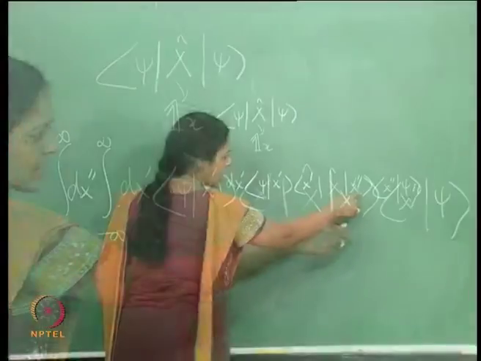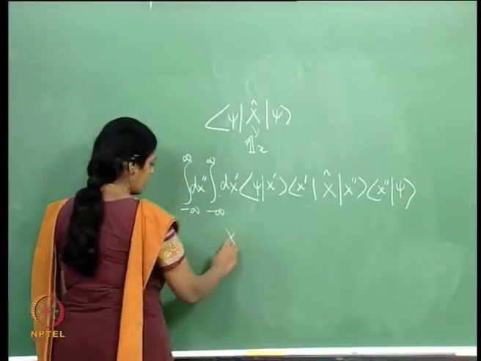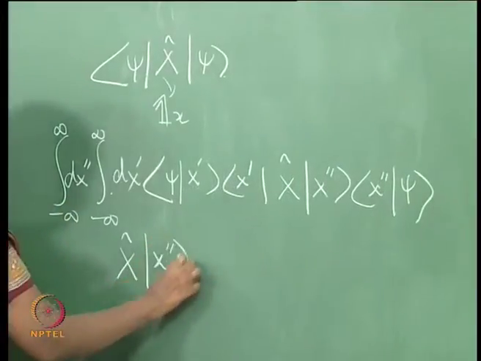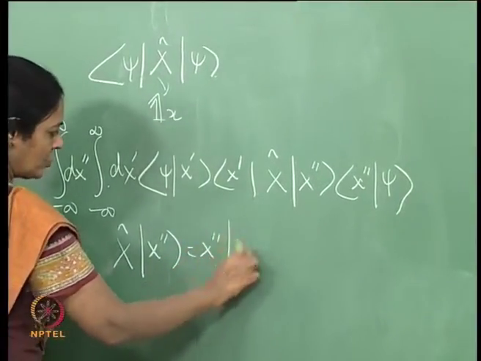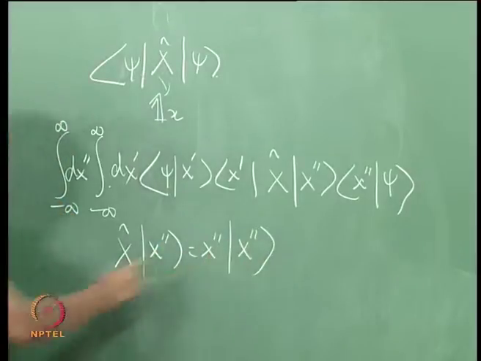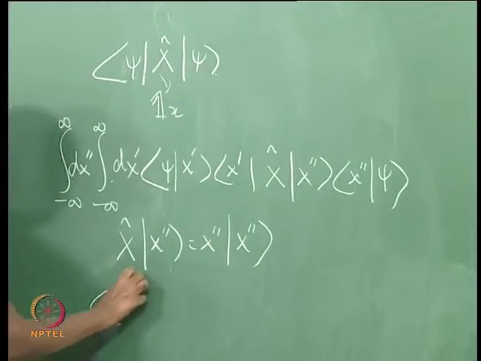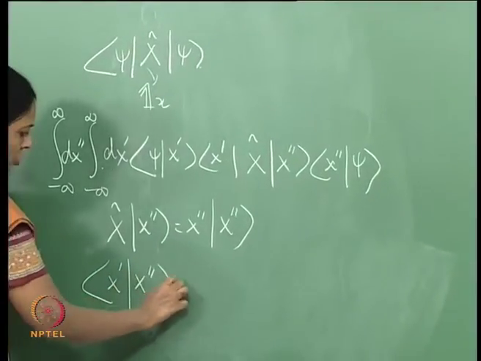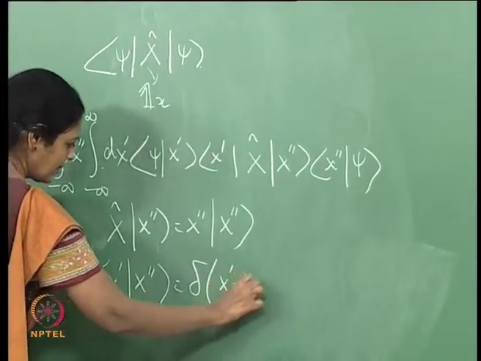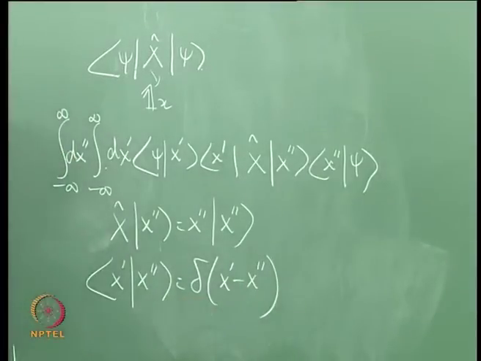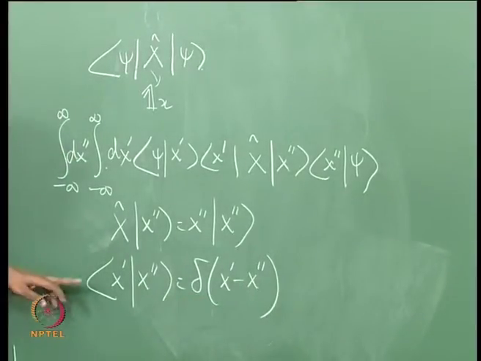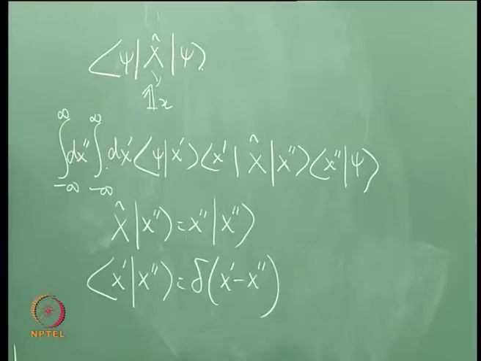It is clear that these are the position eigenstates, and therefore I have the eigenvalue equation as follows. I also therefore know that because of orthonormality, this is how I replace the orthonormality condition, because it is a continuous basis.